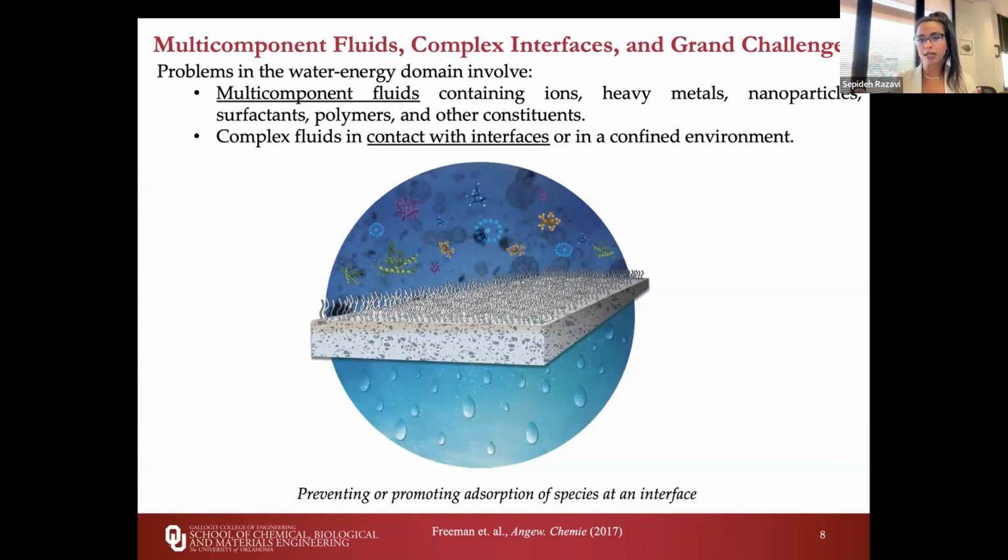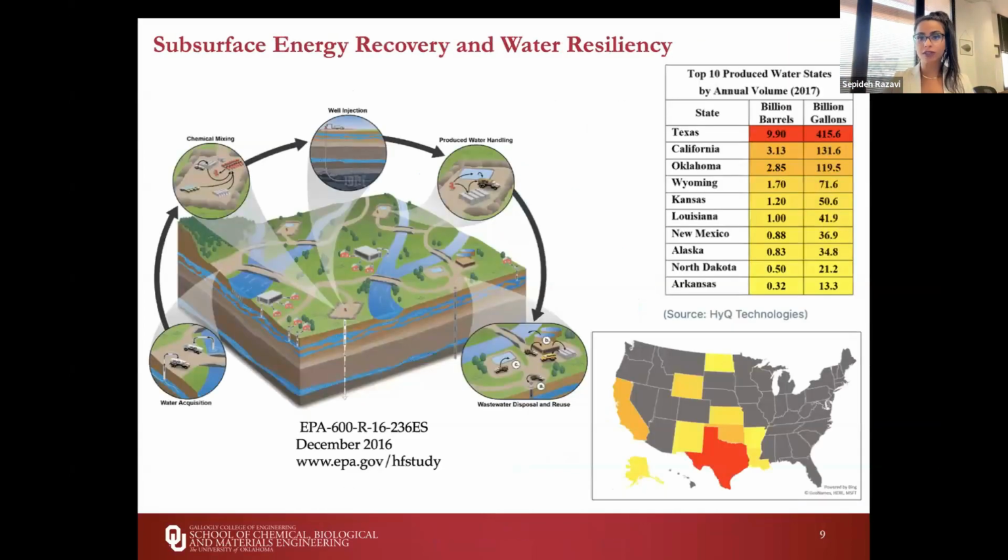How could you prevent fouling? So these are all issues that can be addressed using interfacial phenomena and colloid science. Again, water and energy are highly interrelated, right? So you're talking about water and wastewater. One of the avenues where wastewater is a major problem is subsurface energy recovery.